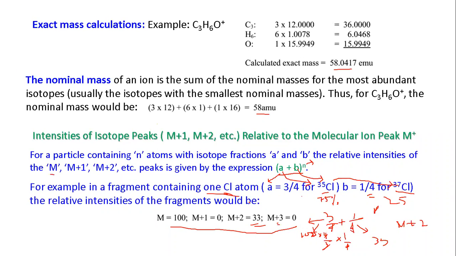Now, when you look at the mass spectrum, you will see a peak at M. Suppose benzyl chloride: what will be the molecular weight? Can anybody quickly calculate the molecular weight?